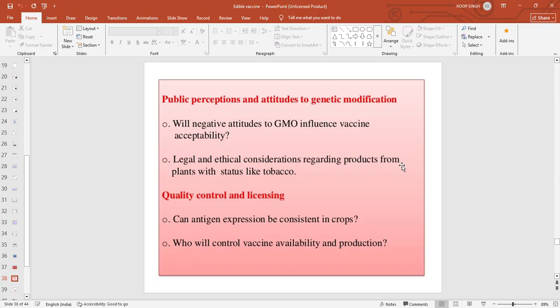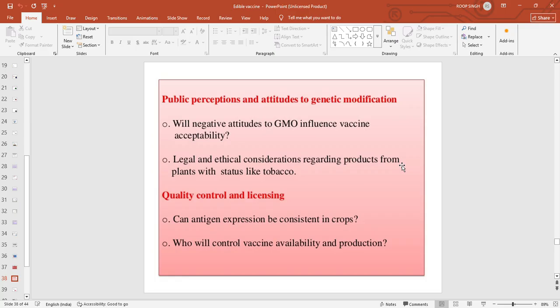In many developing countries there is a negative attitude to GMO, which can influence vaccine acceptability. Legal and ethical considerations regarding products from plants with such status, like tobacco. So many people may not like to take a vaccine made particularly in tobacco.